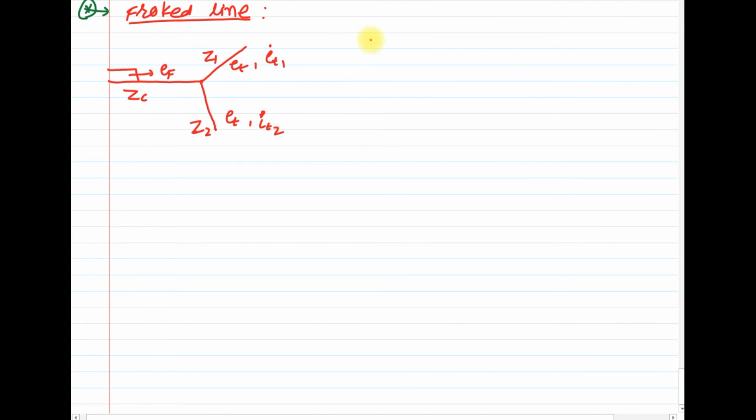So let us write down the equations. This is the actual circuit, say figure 1, the actual circuit of the network. And now let us draw the equivalent circuit from the actual one. So here we have the impedance ZC and the source voltage EF.